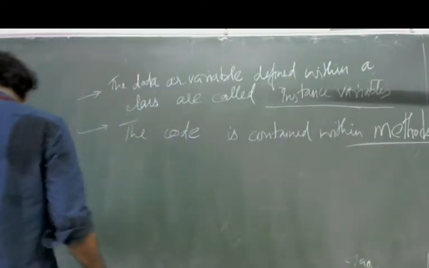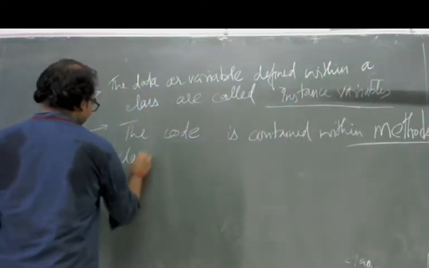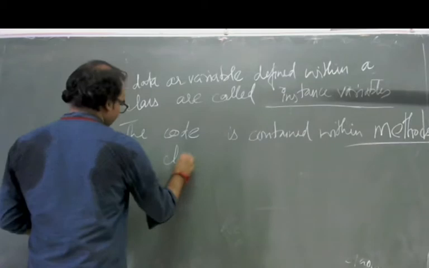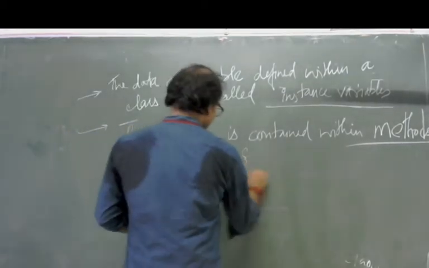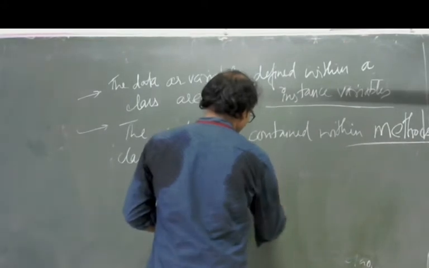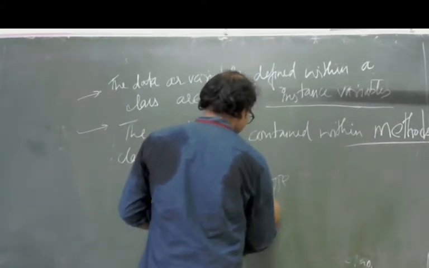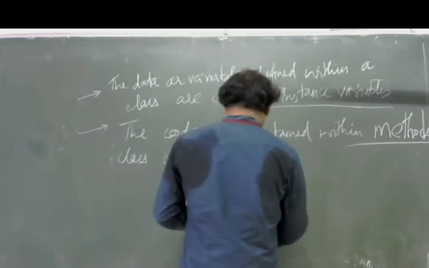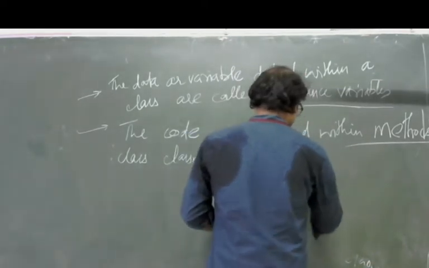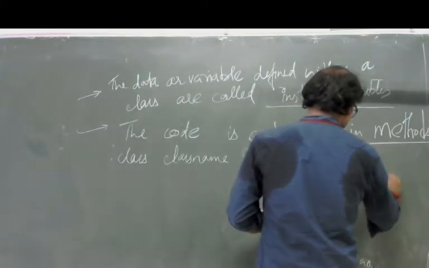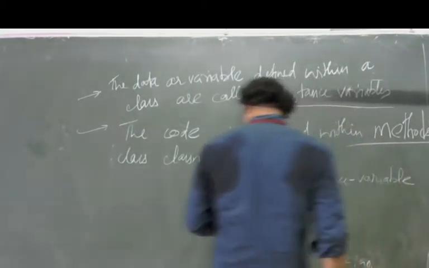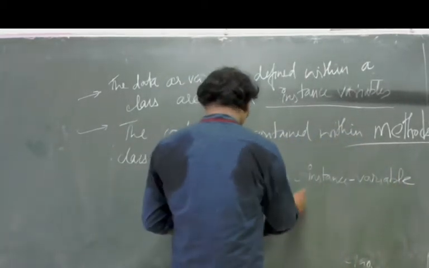So for the class structure, now we have class, class name, type of instance variable, then closed.